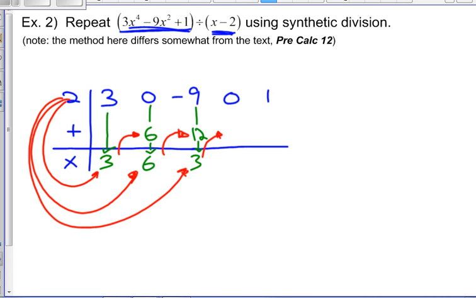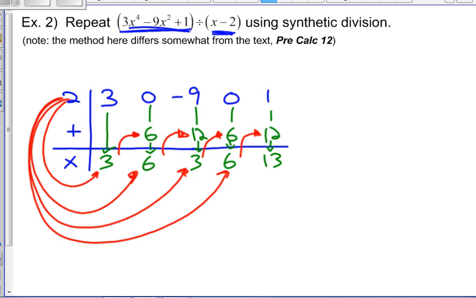And it goes up here. 2 times 3 is 6. And add. Gives us 6. And finally, we're going to have a 12 that goes over here. We add them up, and that's 13.